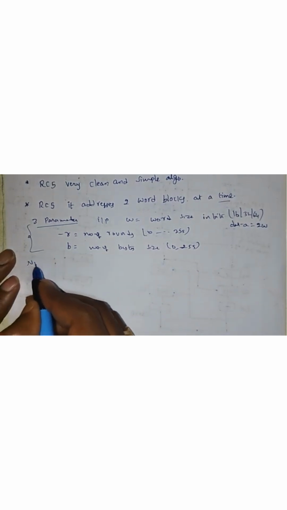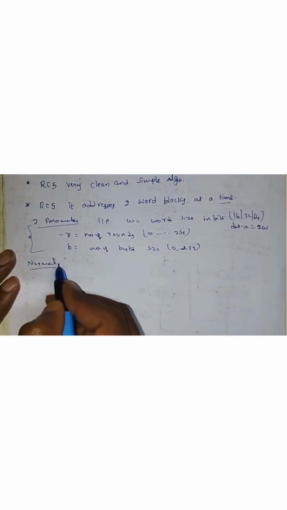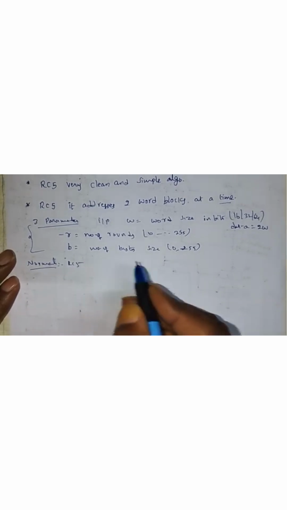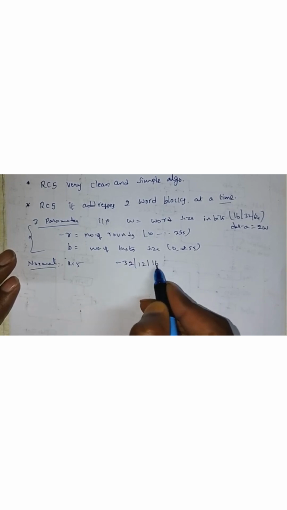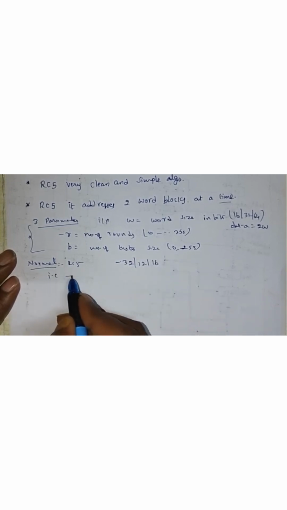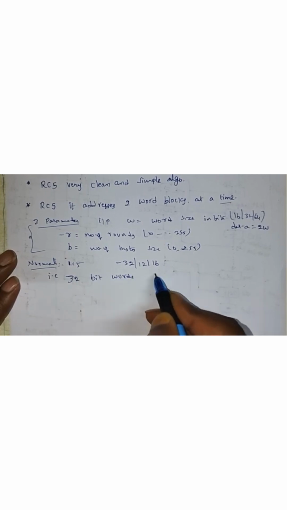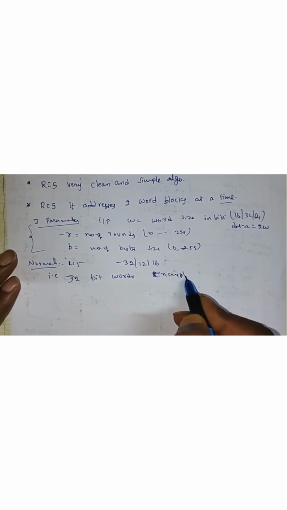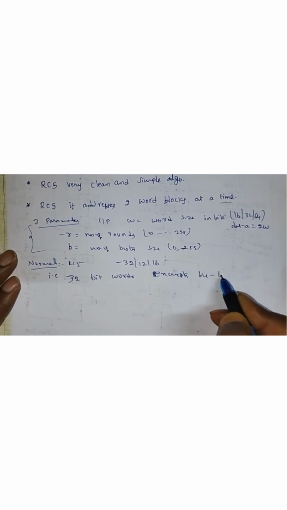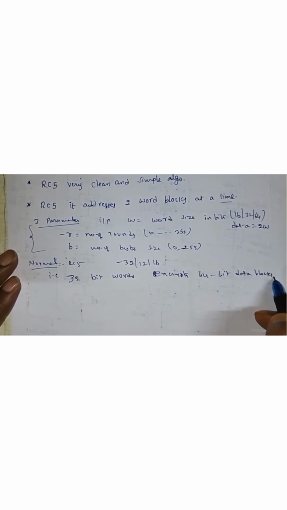The normal RC5 contains 32, 12, and 16. What does 32 mean? 32-bit words encrypt 64-bit data blocks.